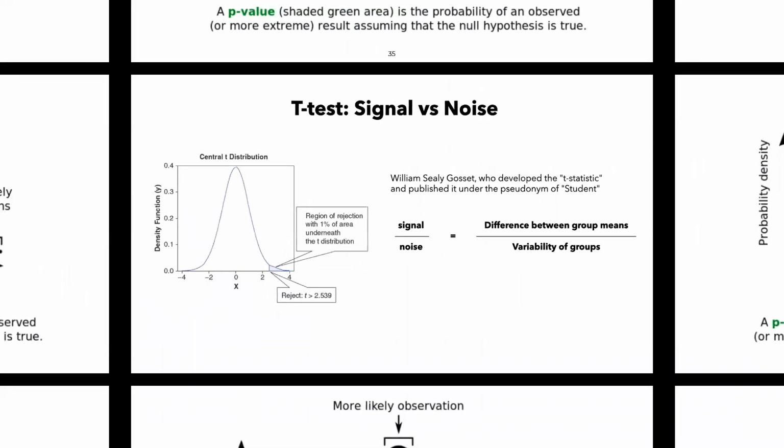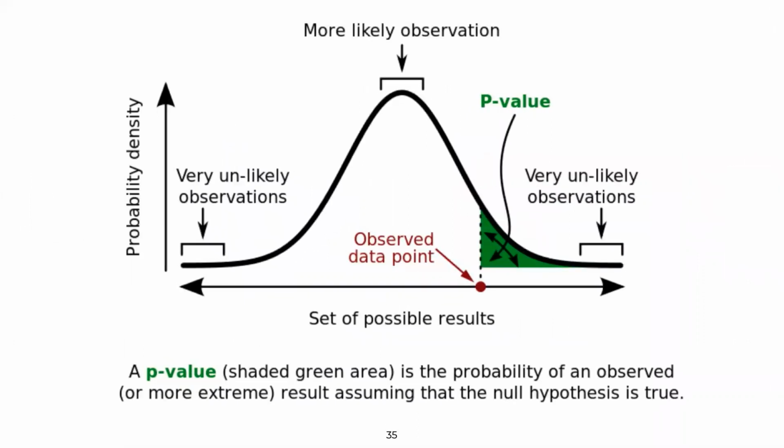When we do this kind of analysis, the outcome is a p-value. And the p-value is really the area under this curve. The area under the t-distribution curve, in the case of the t-test, is going to give us the unlikely observations. And we can have some kind of a cutoff.